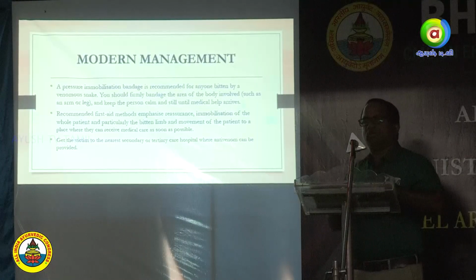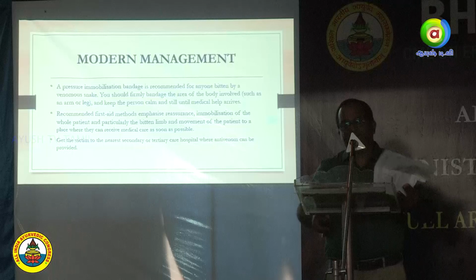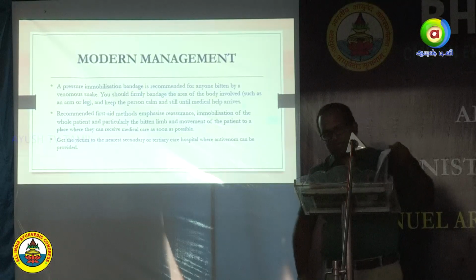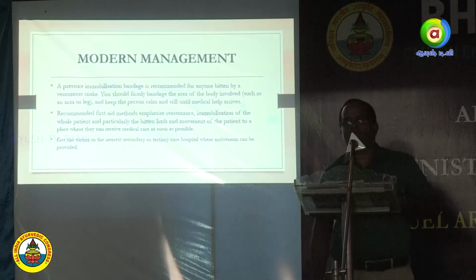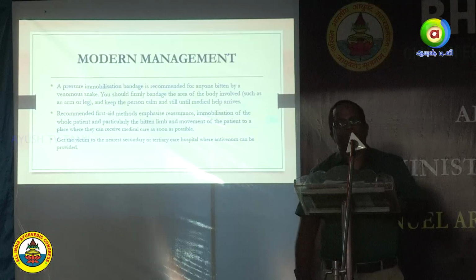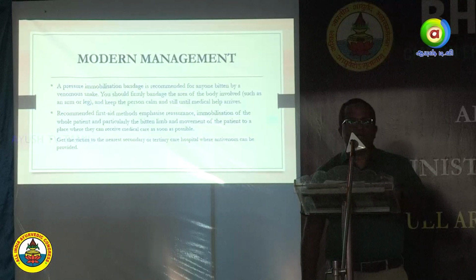Now it's about managing snakebite. I have already mentioned that in Ayurveda and modern science, we can manage snakebites. Madam has already told a lot of yogas in treating snakebites. But the most important thing, in both Ayurveda and the modern system, is that the focus should be not to make the patient panic. So reassure the patient first that you are okay, to prevent the spread of the venom to other extremities and other areas.